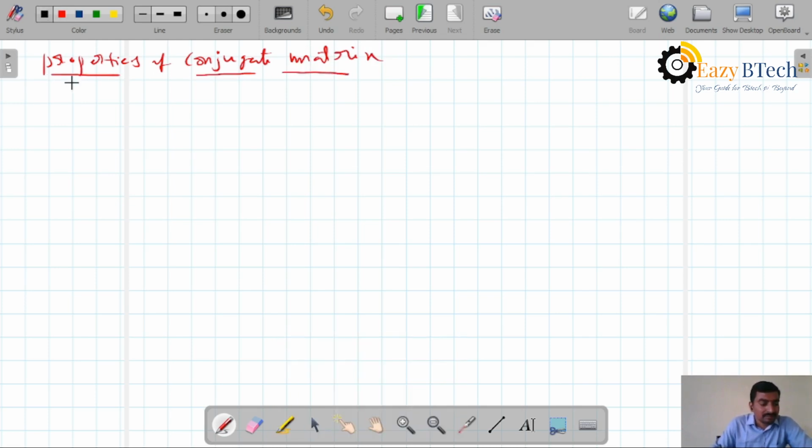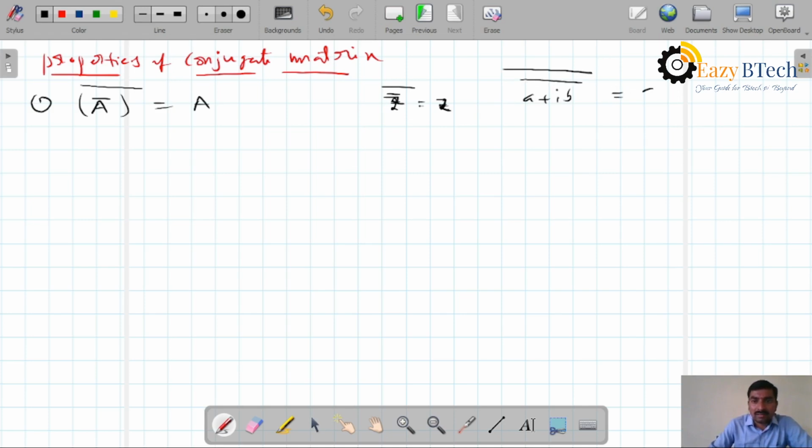See the first one: A conjugate whole conjugate is equal to A. In complex numbers also you already know Z bar whole bar equals Z. That means (A plus iB) whole bar whole bar equals A plus iB.